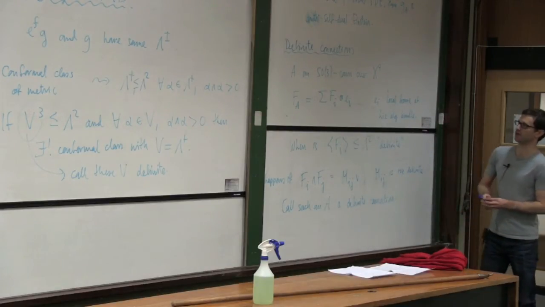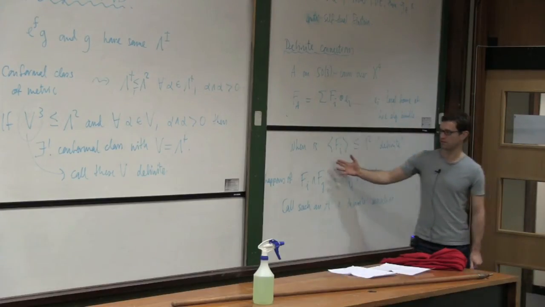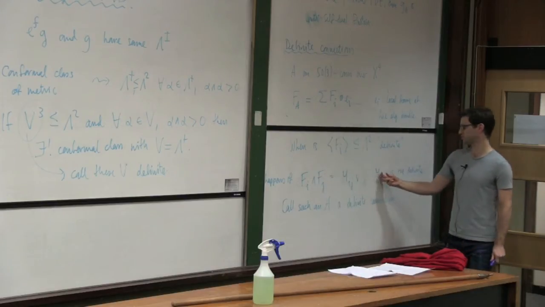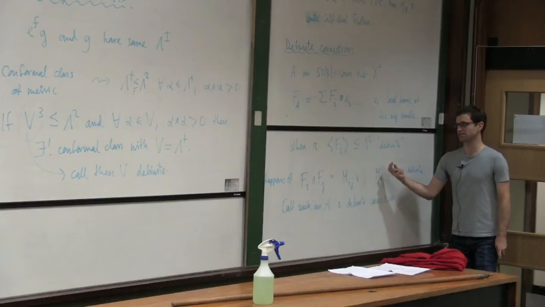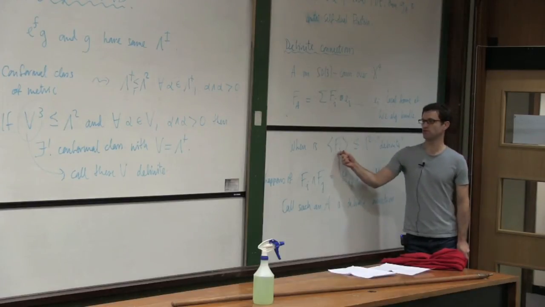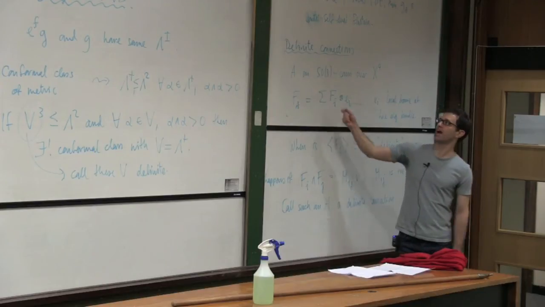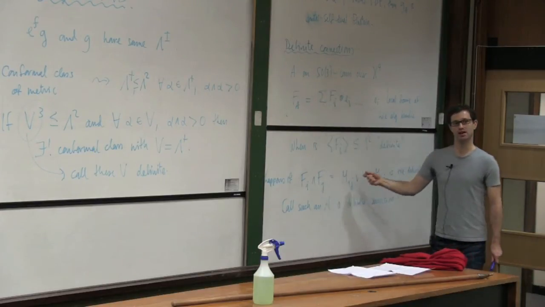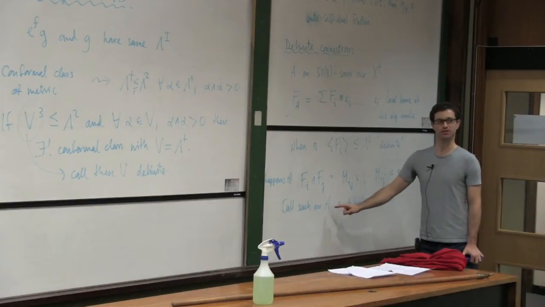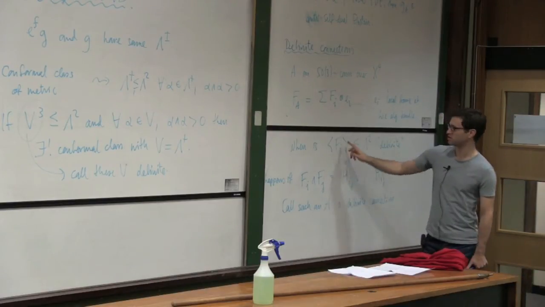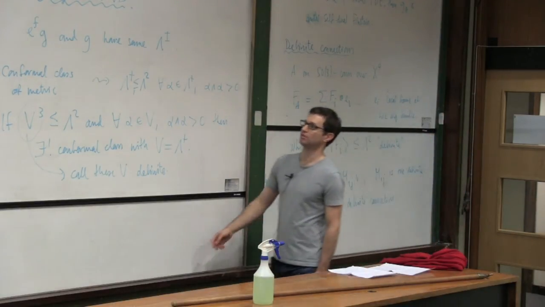So now let's see what we've done. We started with a connection. It solves this curvature inequality, that the curvature 2 forms wedge together to give a positive definite matrix of volume forms. This curvature inequality tells us that the span of these 2 forms is lambda plus for a conformal class. So if I have a definite connection, it gives me a conformal class, and it's the unique conformal class that makes this connection an instanton. It's the only one for which these are self-dual 2 forms, by definition.